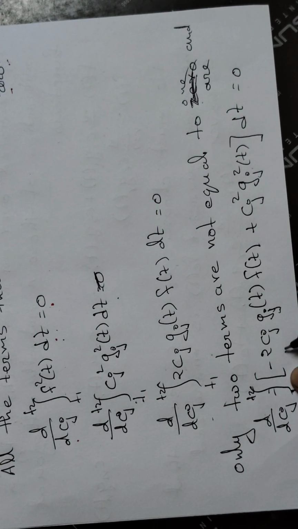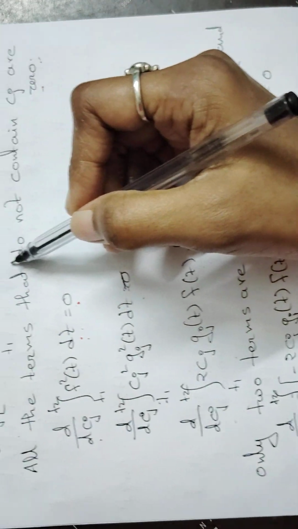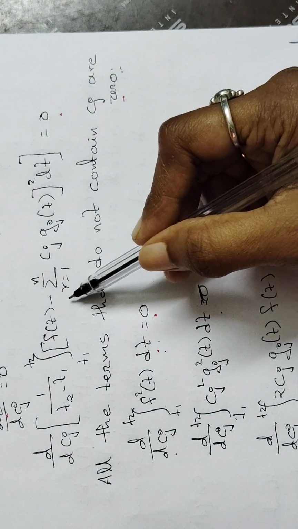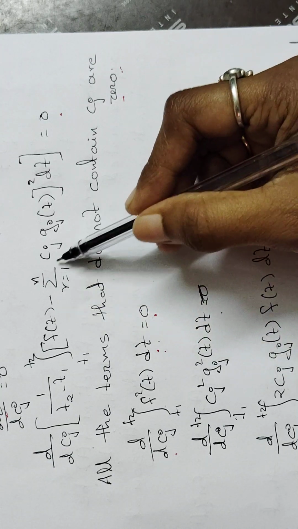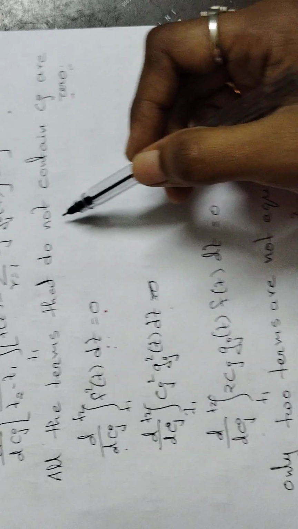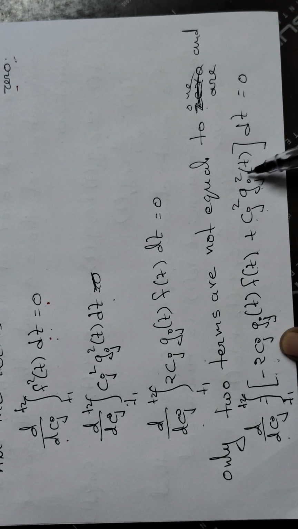The next term is minus 2ab, which is minus 2 cj gj of t into f of t. So we have minus 2 cj gj of t into f of t plus cj square gj square of t into dt, which is equal to 0.